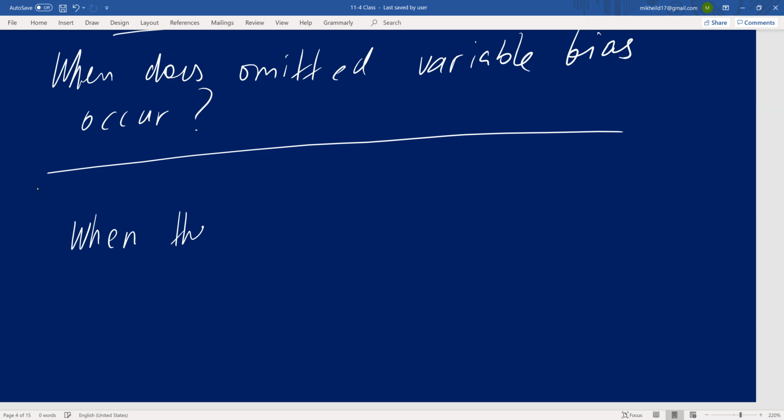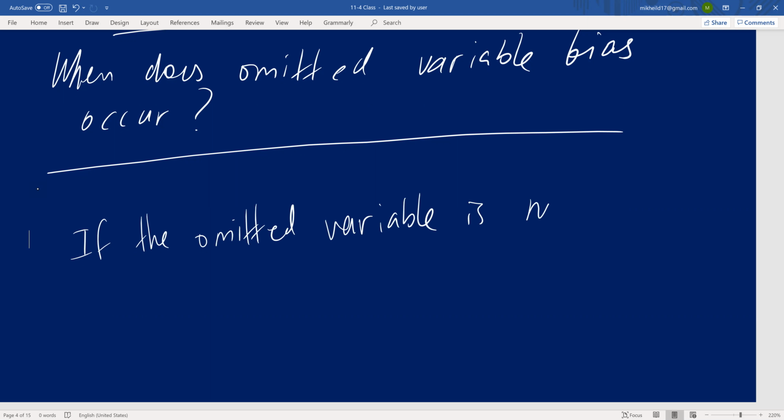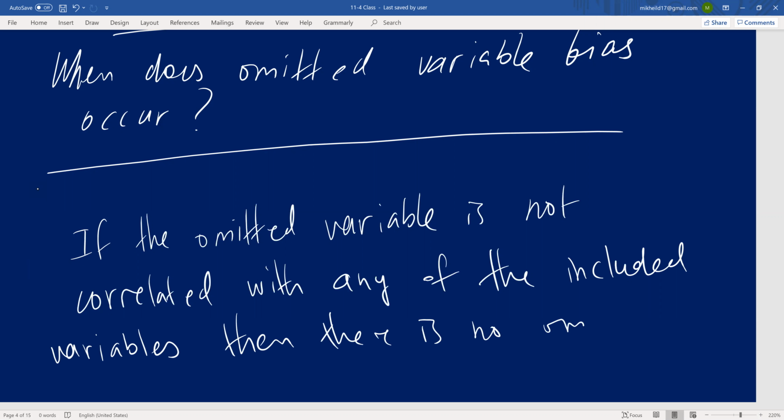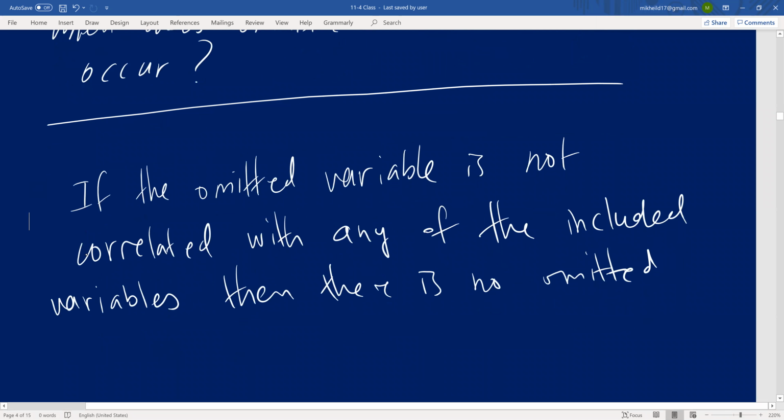It is better if you write: if the omitted variable is not correlated with any of the included variables, then there's no omitted variable bias.